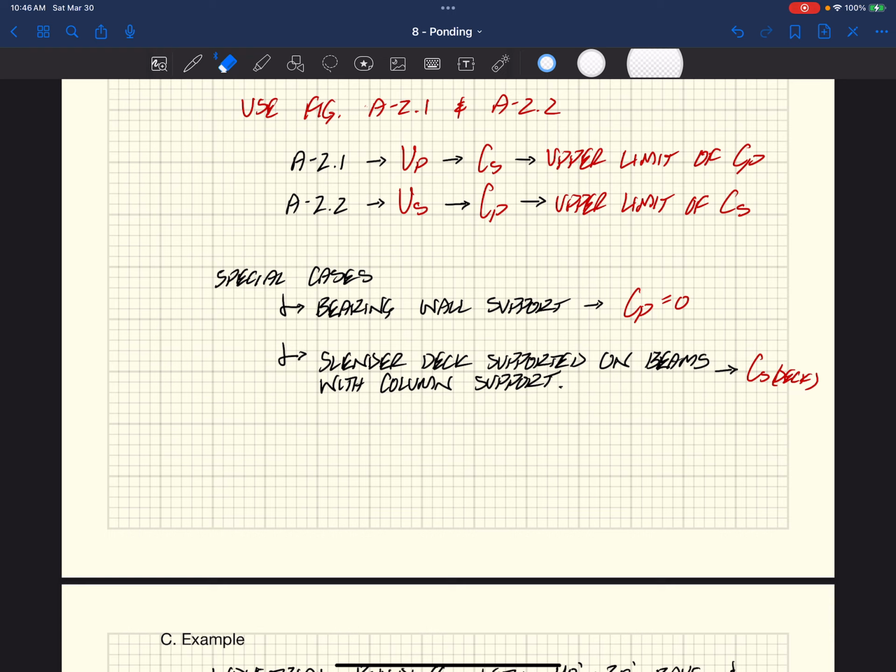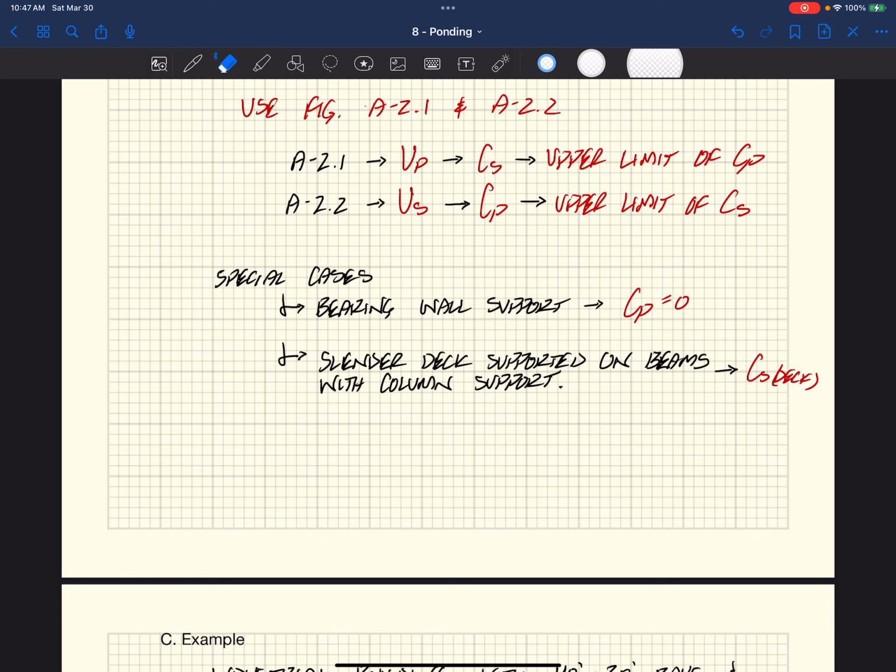I also mentioned that in Bozeman, in our area, because our minimum snow load is so high, ponding generally doesn't control. But there are instances where it just makes sense to go back and check some of the ponding analysis methods that are provided in Appendix 2 of AISC, which are really quick and easy to do just to confirm your structure is adequate.